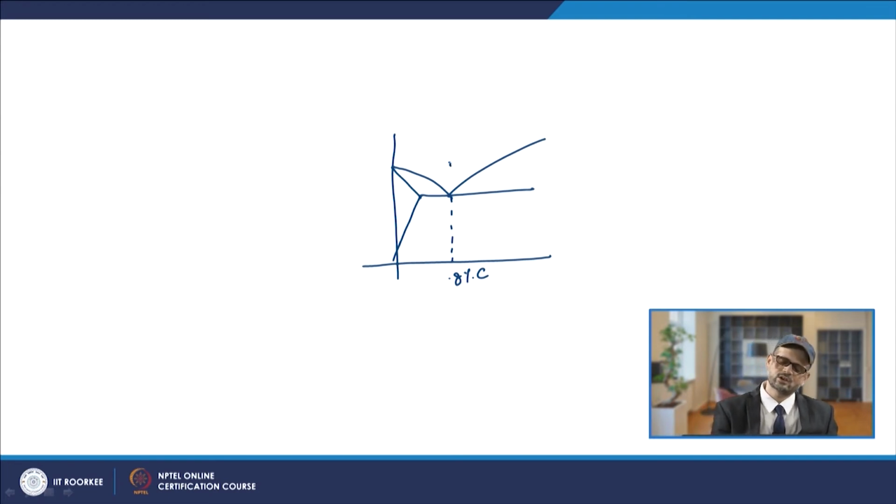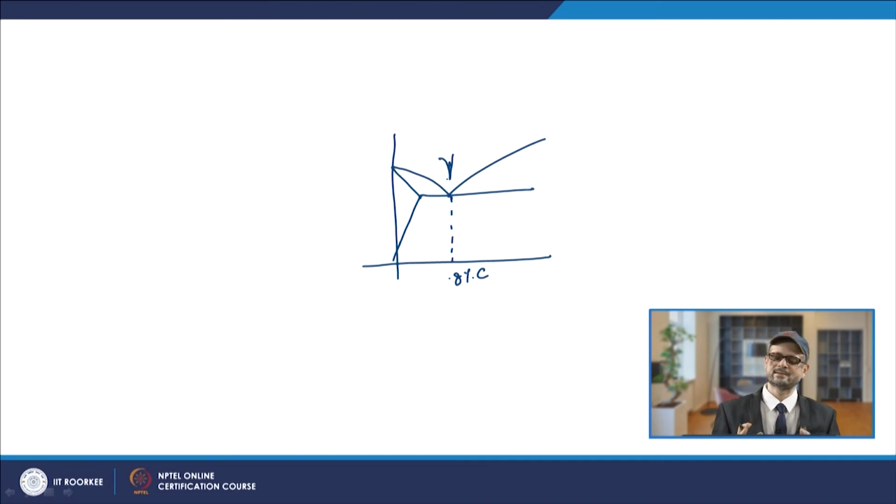At this point the austenite will convert to ferrite and cementite. Now, if you are cooling at a fast rate, then this austenite has the chance to transform to martensite. About that also we have discussed a little bit.